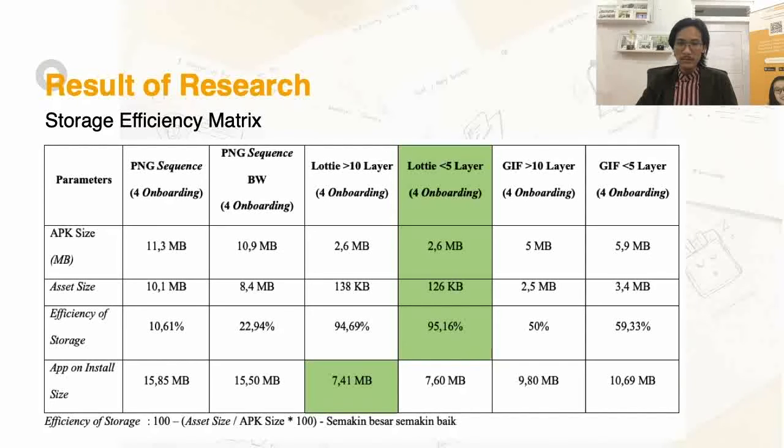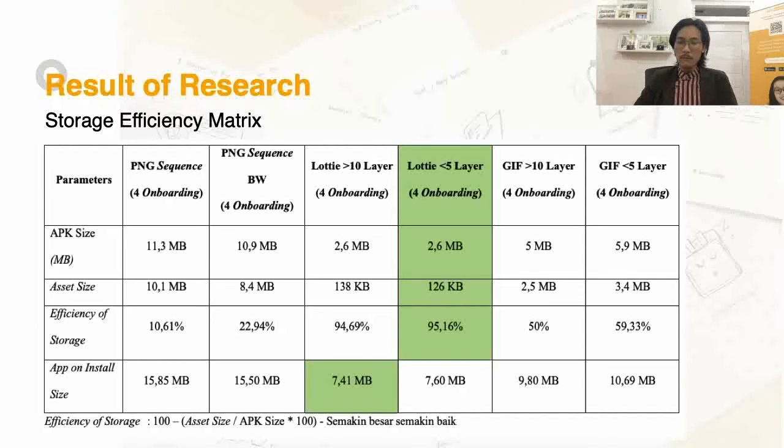With the Lottie file, the application is only 2.6 megabytes, and the Lottie asset size is just 126 kilobytes, and Lottie has 65.16% efficiency in storage. For the application size installed on the phone, Lottie is the most storage effective.